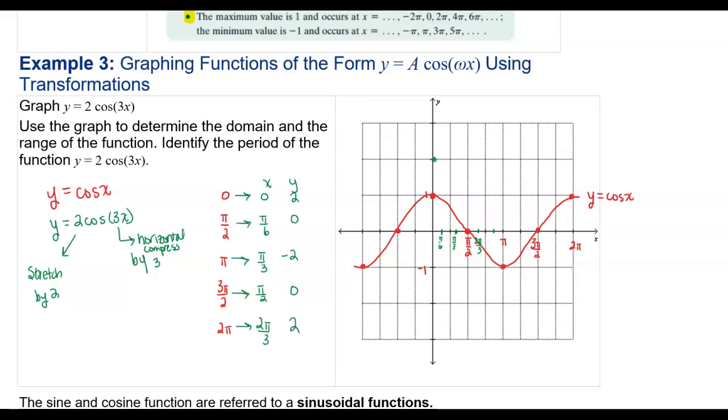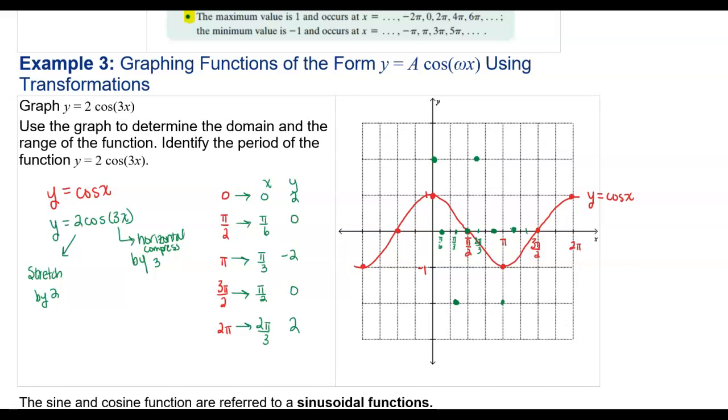So we get 0, 2, pi over 6, 0, pi over 3, negative 2, pi over 2, 0, and 2 pi over 3, 2. Now we can continue that pattern on. So on and so forth.